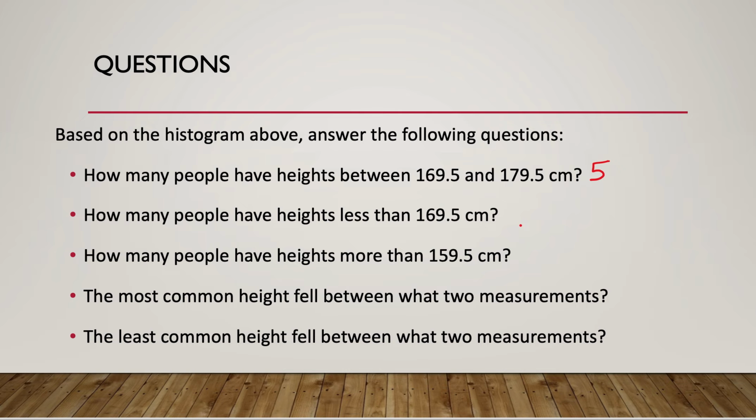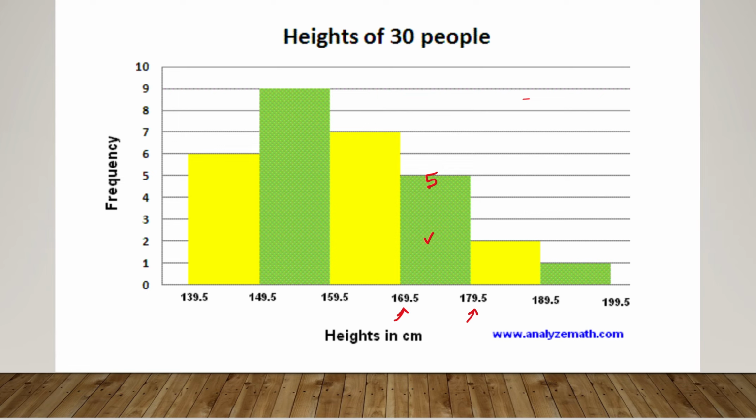The next question says, how many people have heights less than 169.5? I'm going to go back to my graph. What I'm going to do on this graph is note where the 169.5 is, right here. And I want to do less than that, which means that I want to look at the bars that are to the left of the line that I drew.